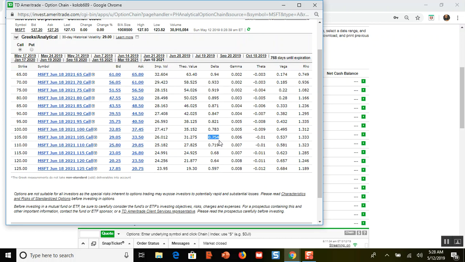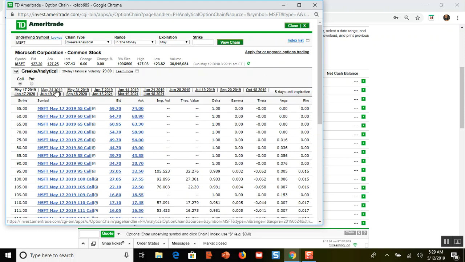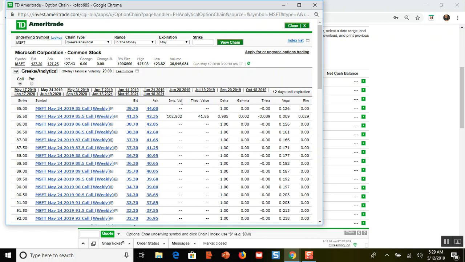So just think if you had that call right now, and you were doing this diagonal spread strategy, and you were selling to open calls for, I don't know, however many weeks or months, right? And you might have been selling the 110s or the 115s or even the 120s, okay? If we look at the expiration, actually, let's even go out a further week. Let's go out to May 24th, okay?